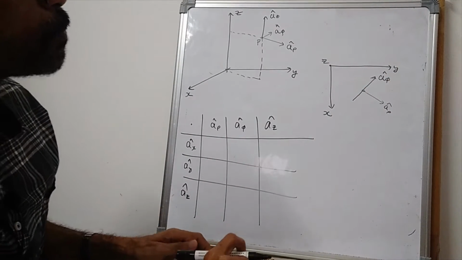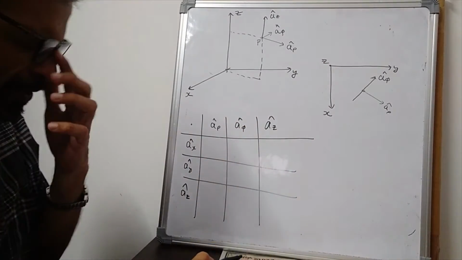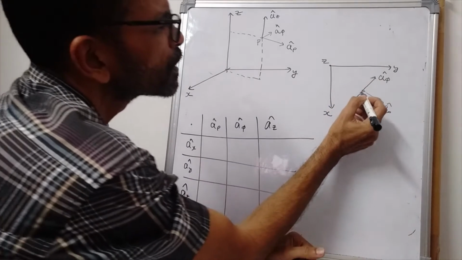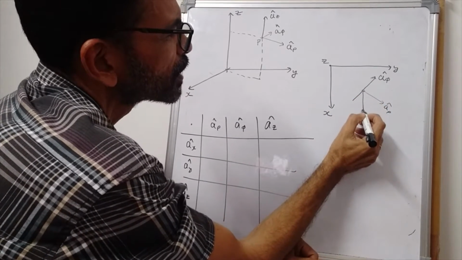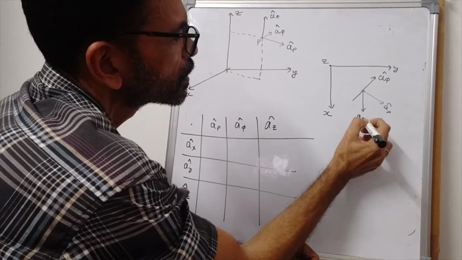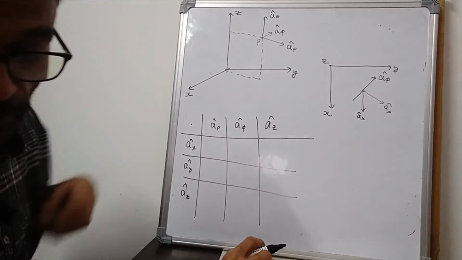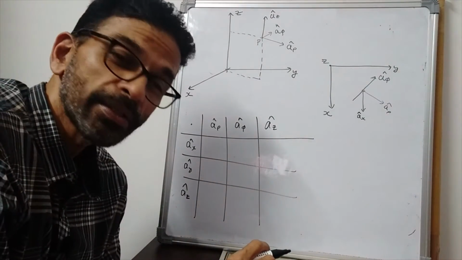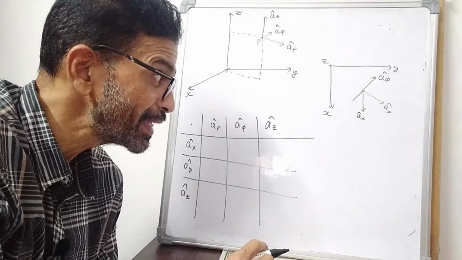Now I will also plot ax cap here because we have to take the dot product here. Now ax cap is a unit vector which is parallel to the x-axis. And remember, these unit vectors are free vectors, so we can position them anywhere in the xy plane.